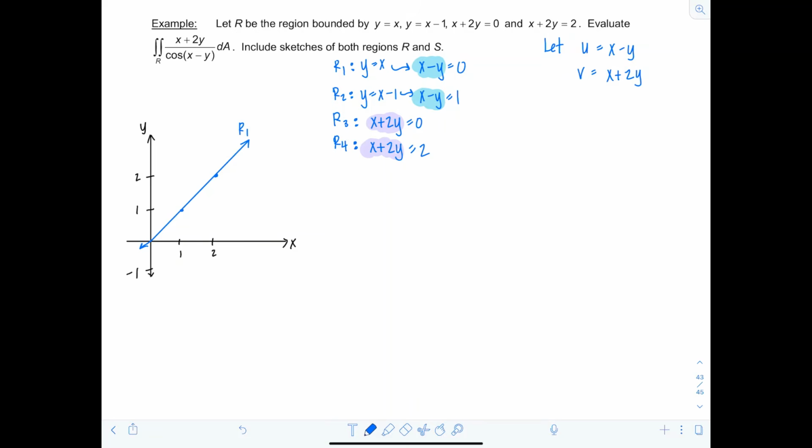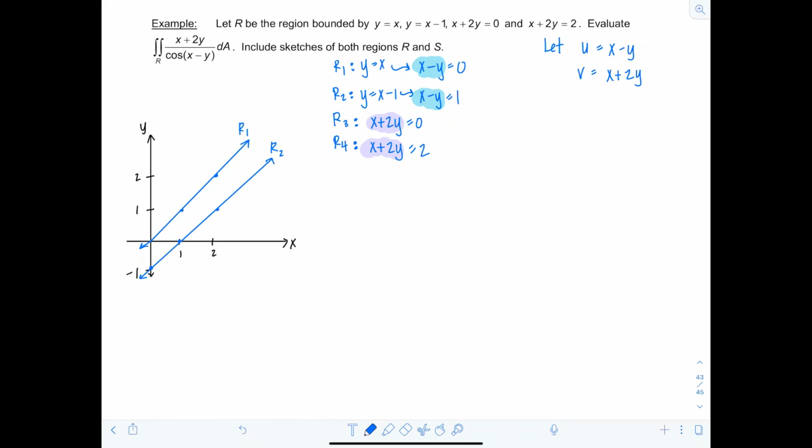y equals x minus 1. So same slope, just shift the line down 1 unit. So now all the points are going to just translate 1 unit downward. There's R2. They should be parallel. R3, well, let's see here.